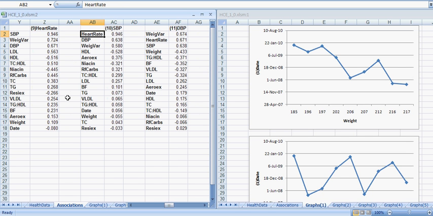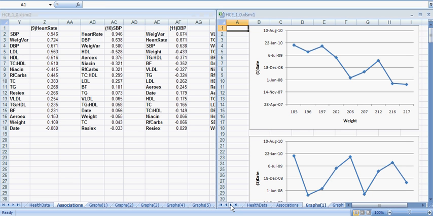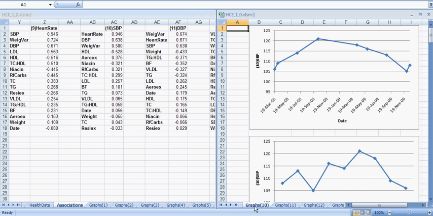And aha! Heart rate seems to be strongly associated with systolic blood pressure, very strongly associated, and heart rate is a plausible cause of systolic blood pressure. Let's go to the graphs. Now the variable has been number 10 because I have more variables in the data set.